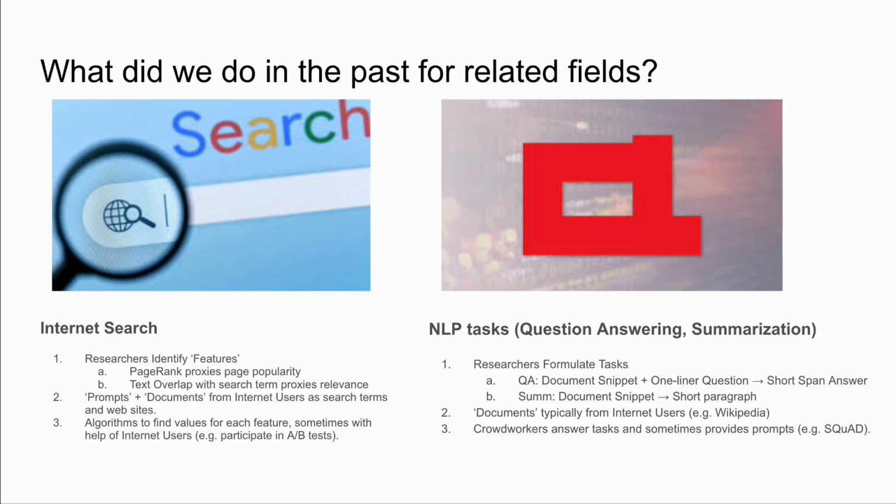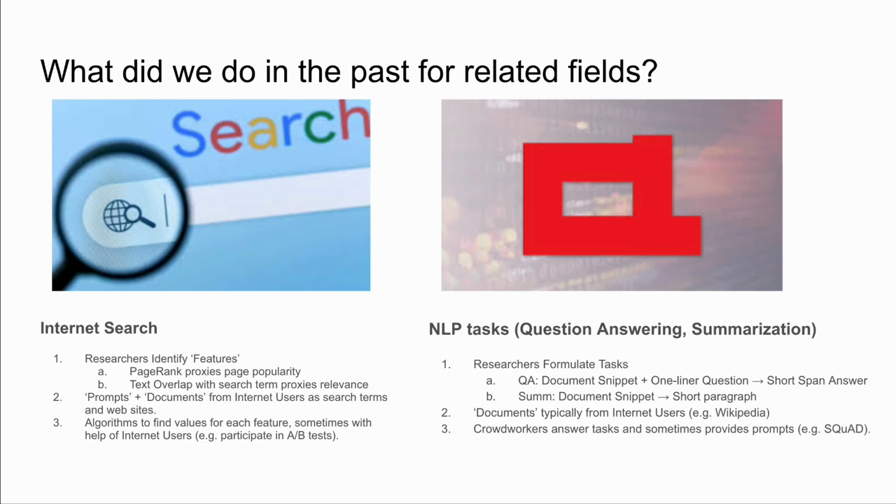answering and summarization. In the era of internet search, researchers typically identify some features they believe are important for search relevance. For example, PageRank proxies for page popularity, while text overlap with the search term proxies for relevance. Then we have prompts, which are basically search queries, as well as documents from internet users.